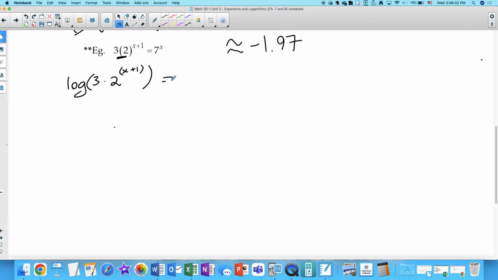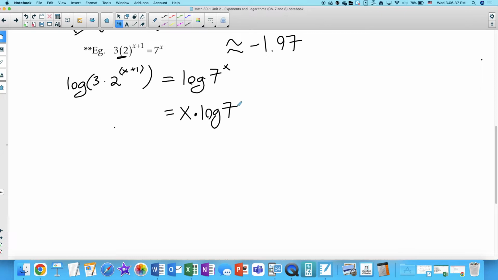Now the purpose of taking the log of both sides is that I can take this exponent and bring it out in front. So I can do that on the right side. Can I do that here? No. What do I have to do first? Well, I can't times the 3 by the 2 because then I'd be doing multiplication before exponents. But yes, it has to do with the fact that these are being multiplied together and that x plus 1 only applies to the 2.